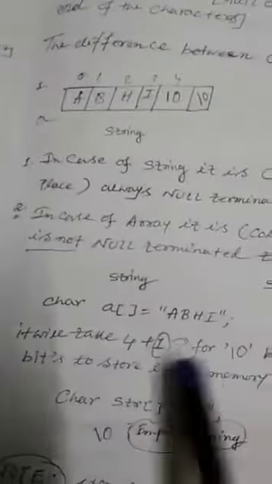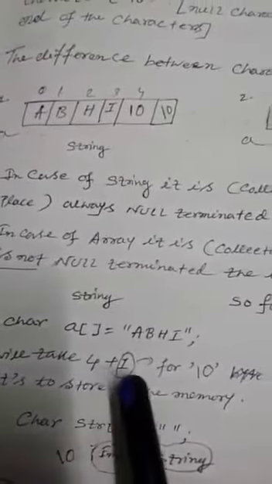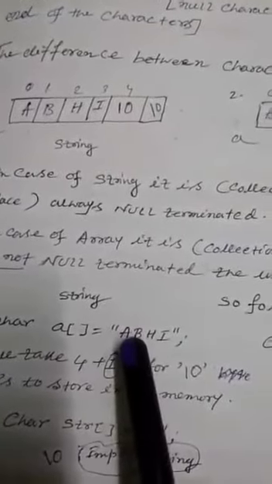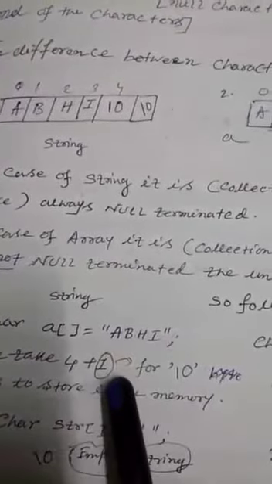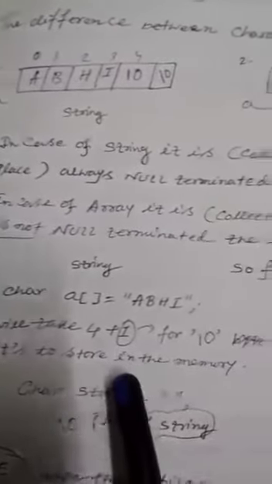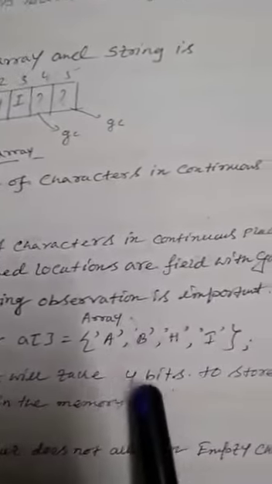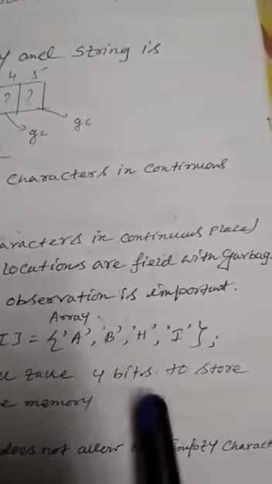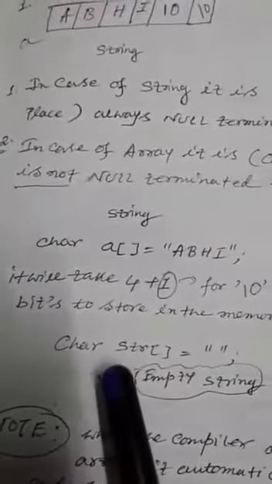So what is the observation? The string will take 4 plus 1: 4 for the 4 characters, plus 1 for the null character to store in memory. In contrast, the character array will take just 4 bytes to store in memory.